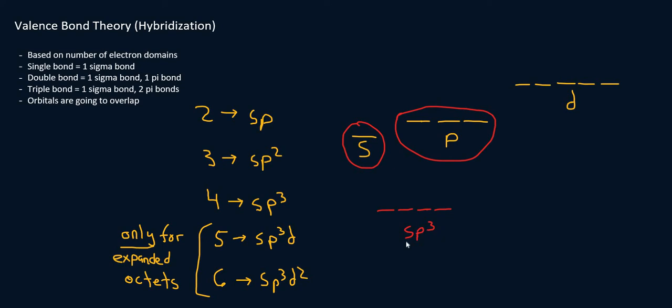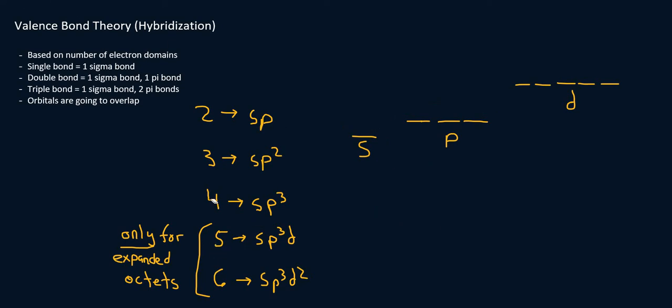I will tell you right now, sp3 is a pretty common one. sp3 is the same thing as tetrahedral to a certain extent. For electron geometry at least, sp3 corresponds to tetrahedral, because of those four different bonds that you can make with an sp3 hybridized structure. It's one that you see quite often.